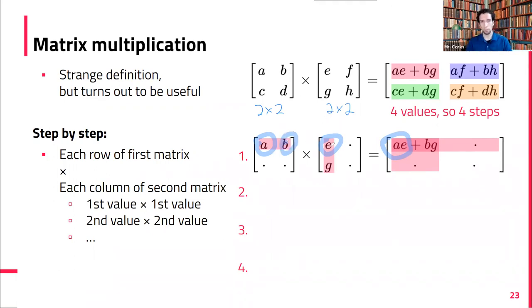So we also do B times G, which we see here. We keep doing that until we get to the end of the row and the column. And then afterward, we add all of those up, and that one value is the resulting value for that position.